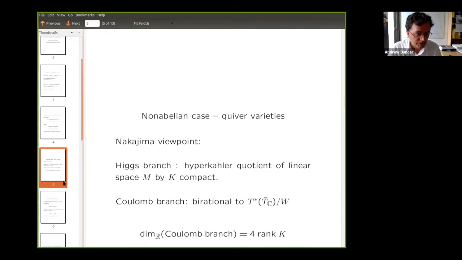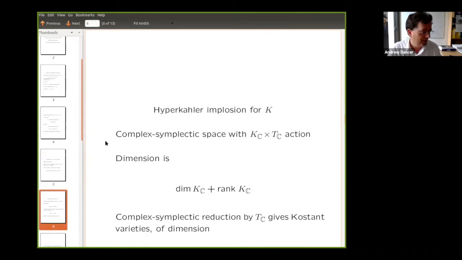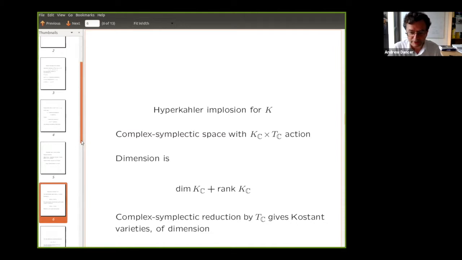Great. So what are we looking at in this talk? A particular class of spaces that I've been involved in for several years, working with Andrew Swann and Francis Kirwan and others: the so-called hyperkähler implosions, or complex symplectic implosions.